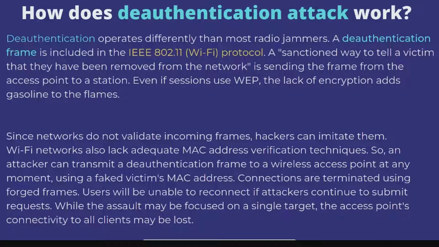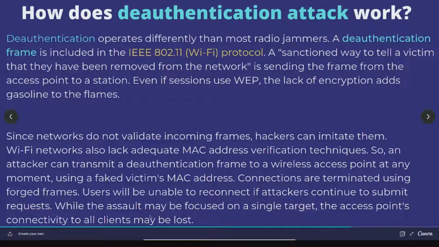So an attacker can transmit a deauthentication frame to a wireless access point at any moment, using a fake victim's MAC address. Connections are terminated using these frames. Users will be unable to reconnect if attackers continue to submit requests. While the assault may be focused on a single target, the access point's connectivity to all clients may be lost.